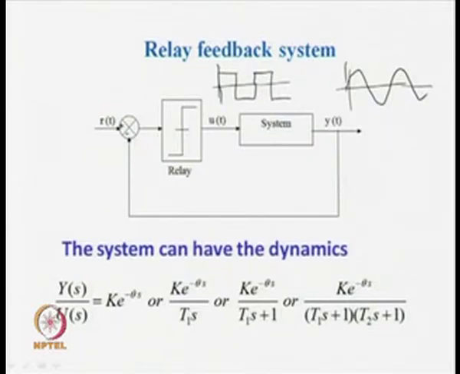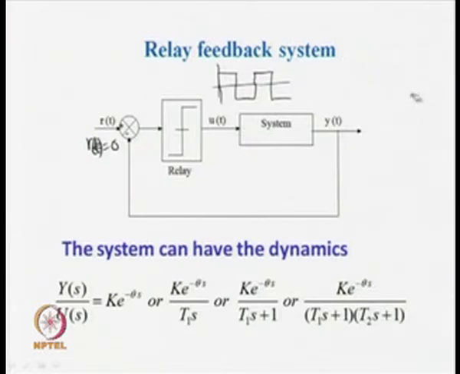For the simplest case, let us assume that the reference input r(t) is 0. With this assumption, we shall have a periodic output signal of this form, and as I have already said, depending on the system parameters or the constituents of the system, the output will vary accordingly.